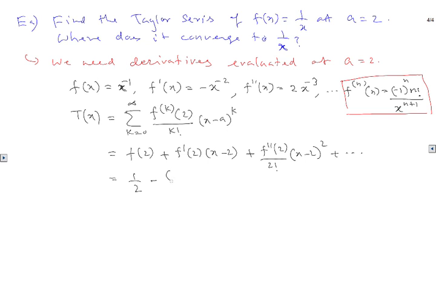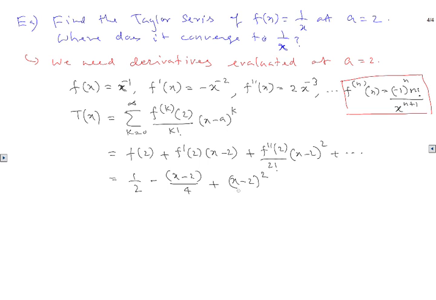So you can write this one as (x minus 2) over 2 to the 4th, and then plus, because the sign changes, plus minus, it is (x minus 2) squared.